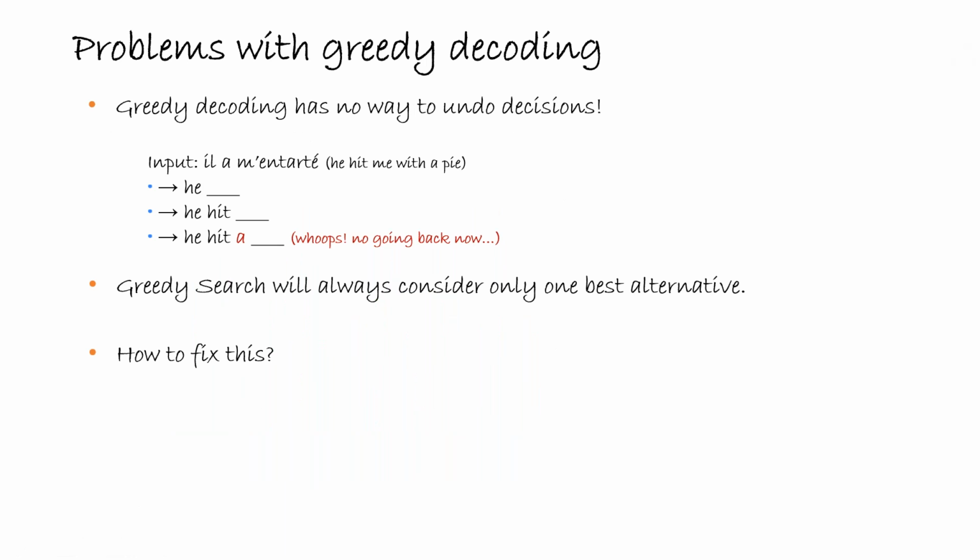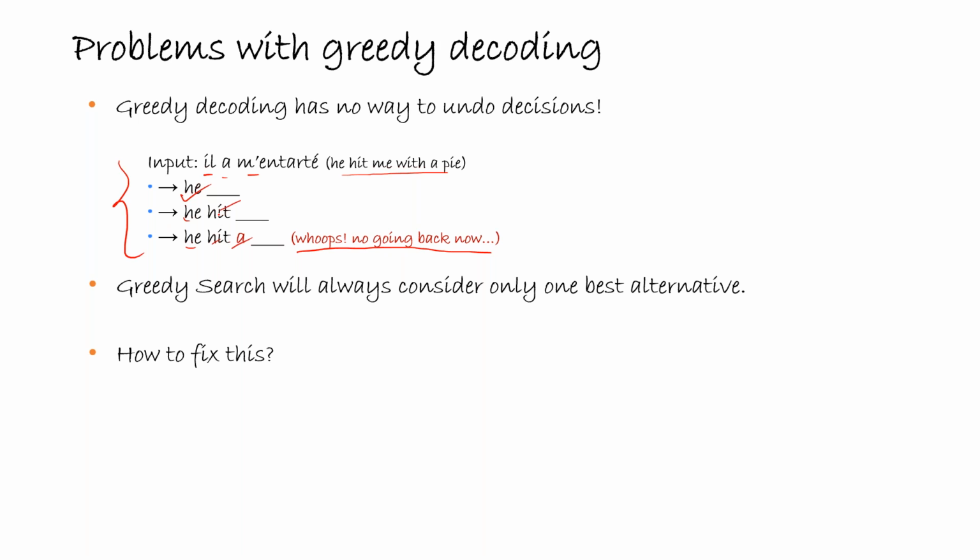So greedy decoding has no way to undo decisions. Just understand, there is a sentence where I am feeding in something like this, and the output should be "he hit me with a pie." Then "he" goes in, then "hit" goes in, and then there is no going back. We cannot go back from here.